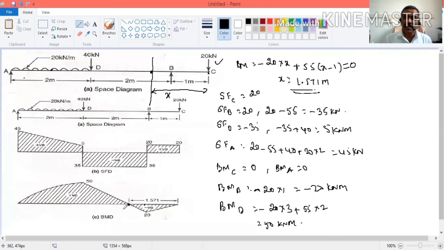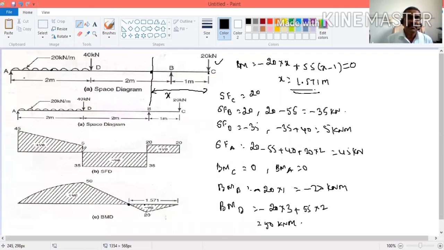The point at which bending moment is equal to 0: you write the bending moment equation, equate it to 0, and it will give the value of x. So at this point it is 0, and this point is known as the point of contraflexure. We have discussed two points.